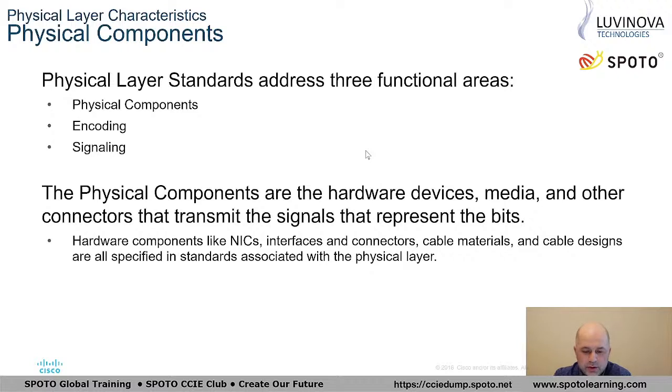Physical layer standards address three functional areas: physical components, encoding, and signaling. The physical components are the hardware devices, media, and other connectors that transmit the signal that represents the bits. Bits are the form of the information. It's zeros and ones, right? It's binary language, which computers communicate with.